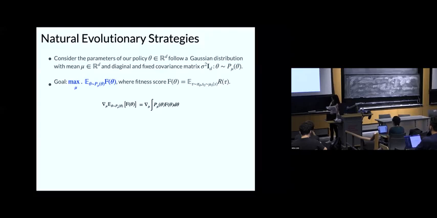So how are we going to learn now? Let's see how the math works out. Our goal is to find the mean mu of the multivariate Gaussian distribution from which we're going to be sampling parameter vectors theta, to maximize the expectation, over theta sampled under that Gaussian distribution, of the fitness scores of those samples, right? A very simple way to put down our objective.